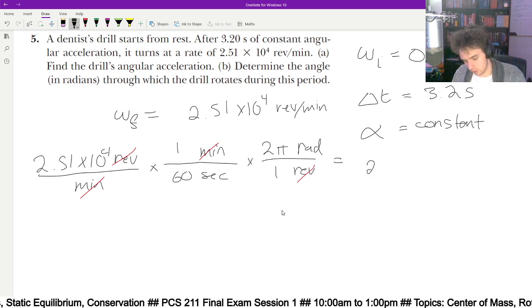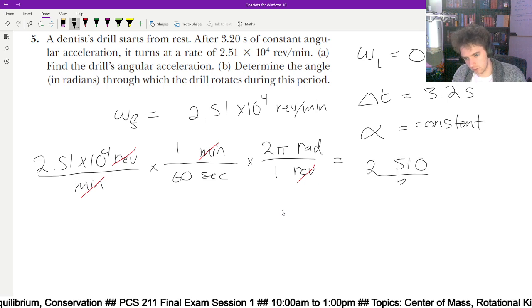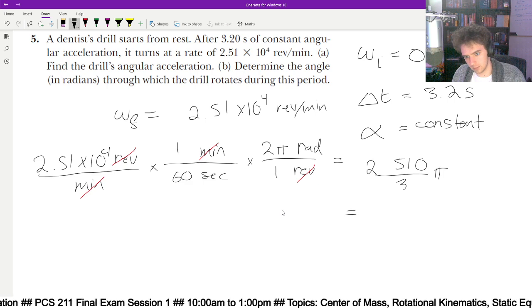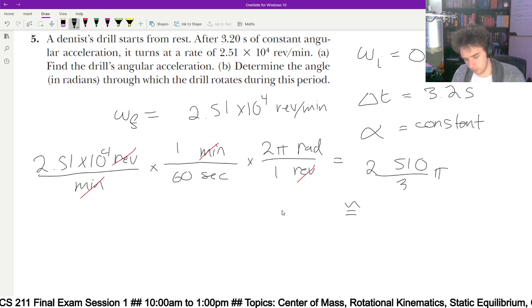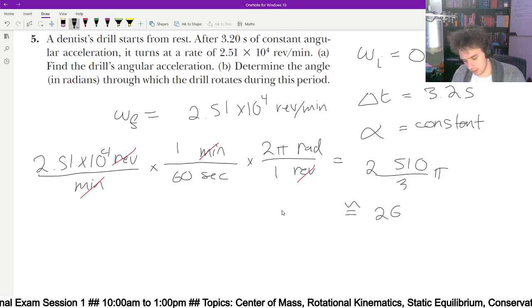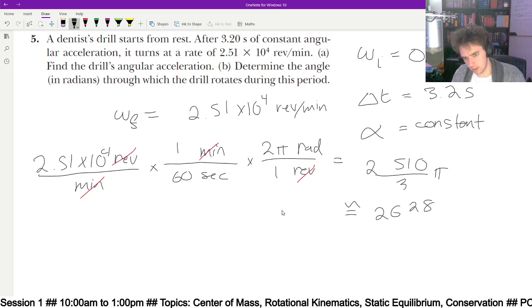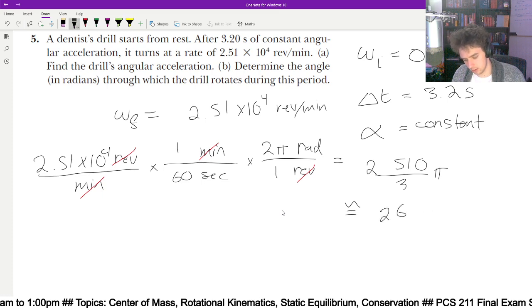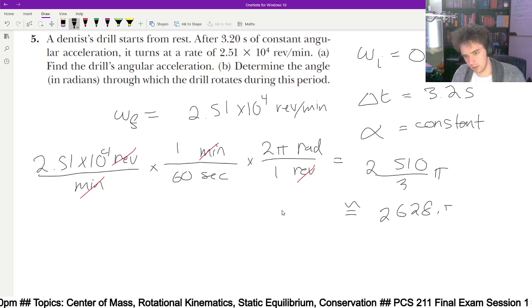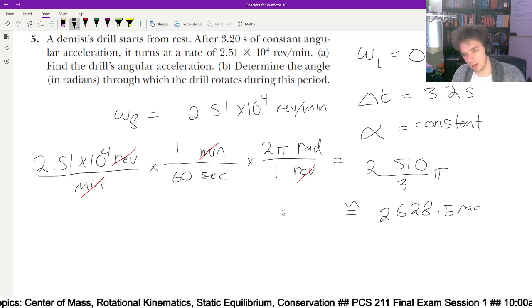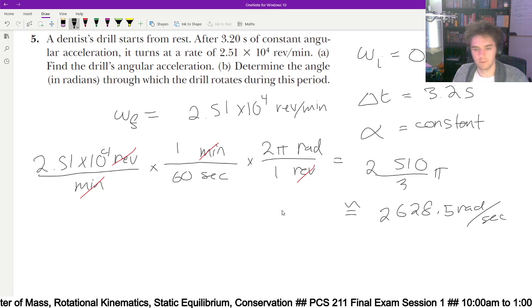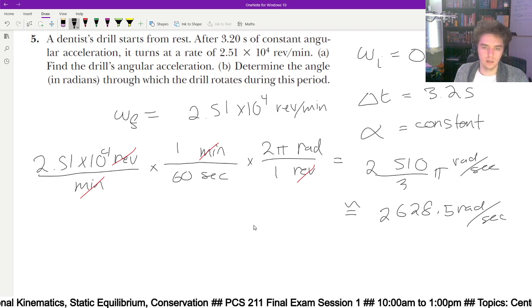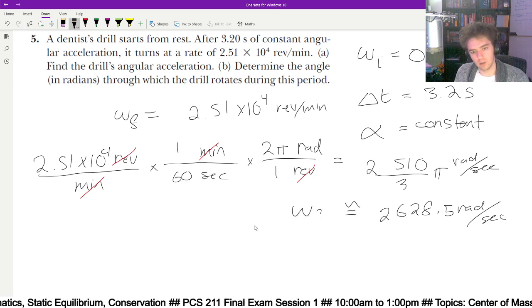So I get 2,510 over 3 pi, which is approximately equal to 2,628.5 radians per second. Okay, so that's actually our omega F.